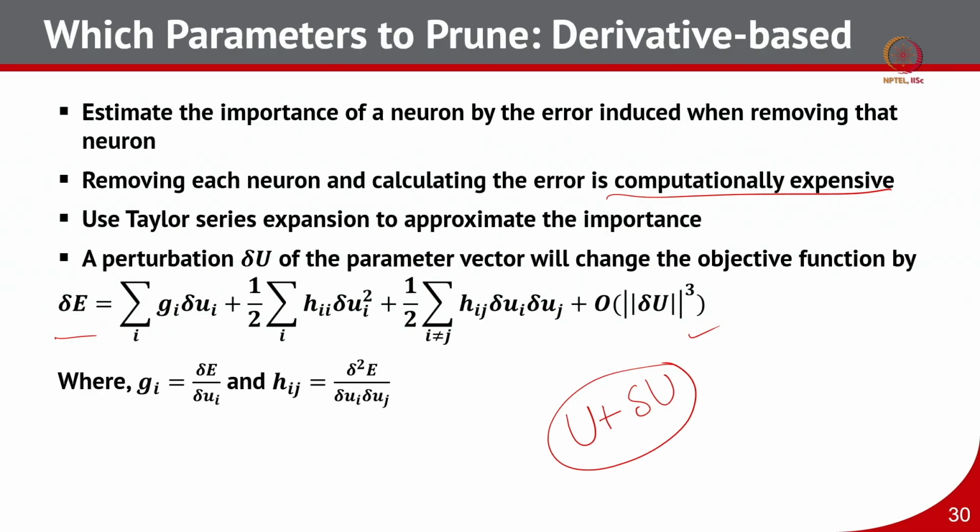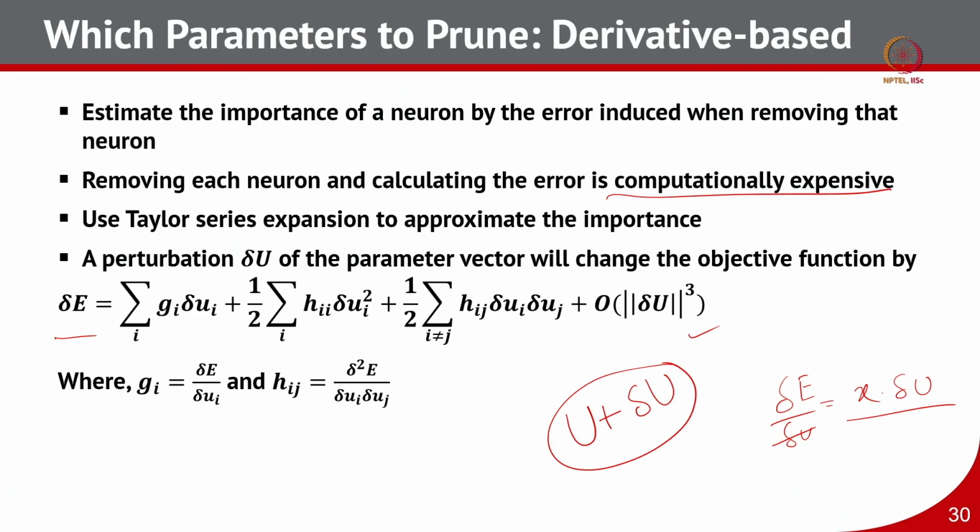If you look closely, the first term is nothing but the gradient, the change in error if we change our weight by delta u. You can think of it as delta E over delta u multiplied by delta u.